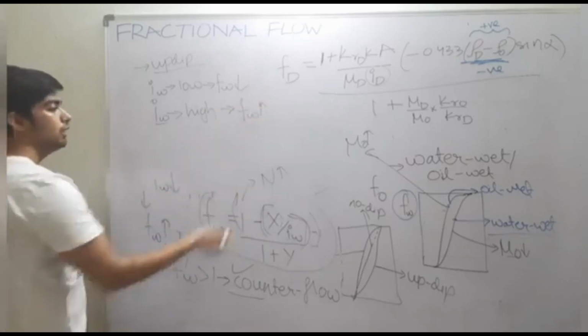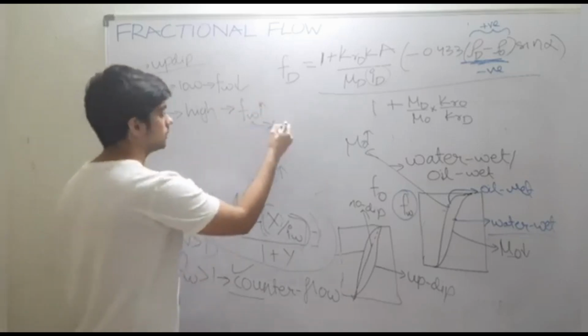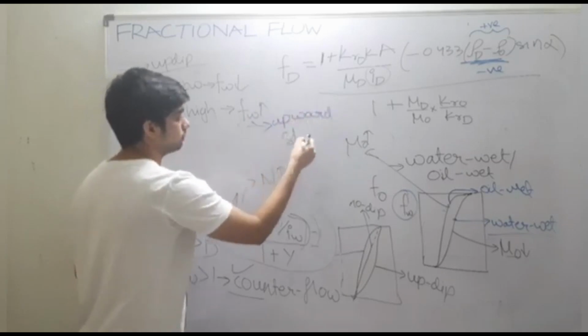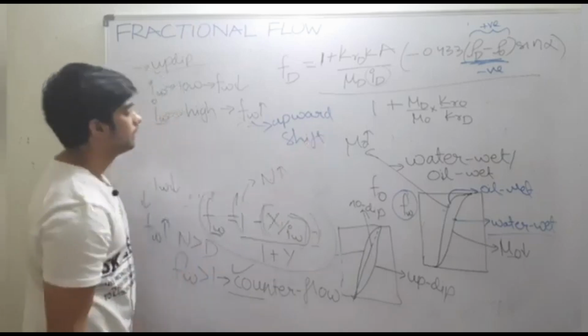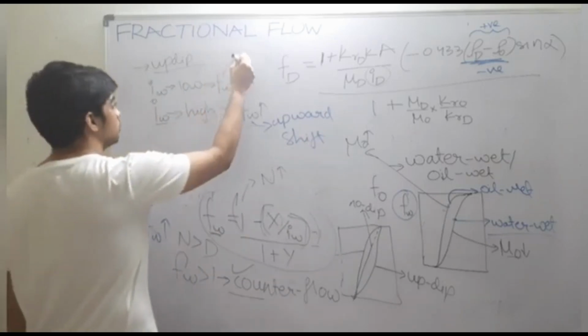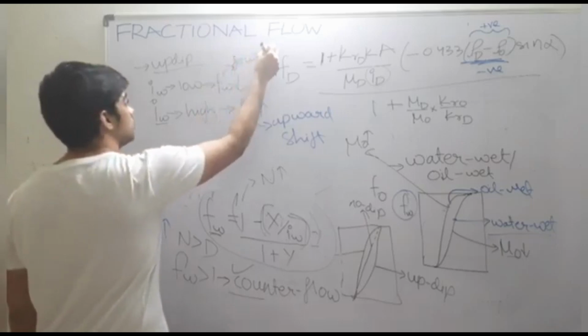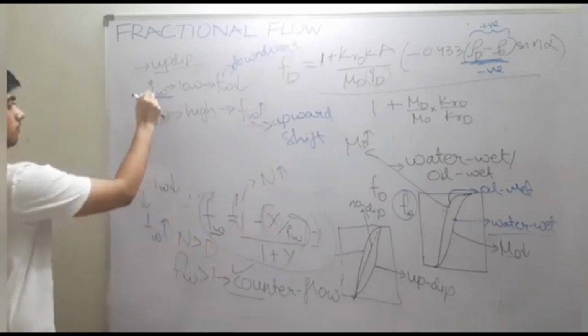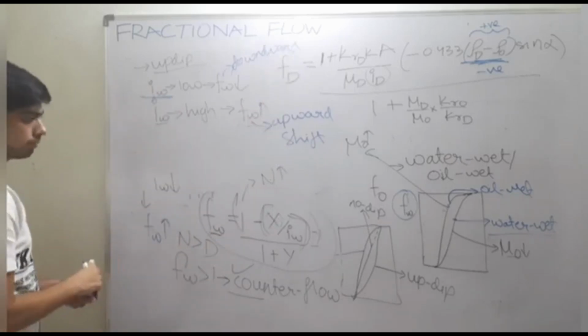This will be given by an upward shift in the curve, and this will be given as a downward shift. So in case of up dip flow, we will keep our injection rate minimum.